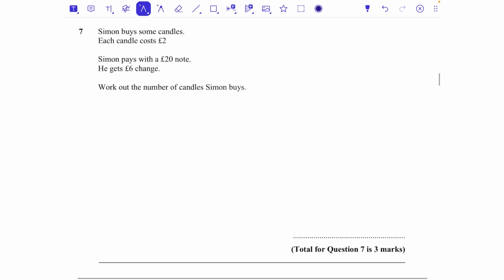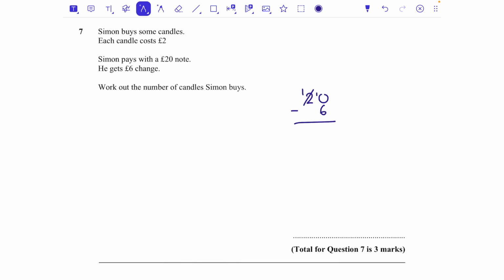Okay, question number 7. Simon buys some candles. Each candle costs £2. Simon pays with a £20 note and he gets £6 change. Work out the number of candles that Simon buys. First thing I'm going to do is 20 take away 6.